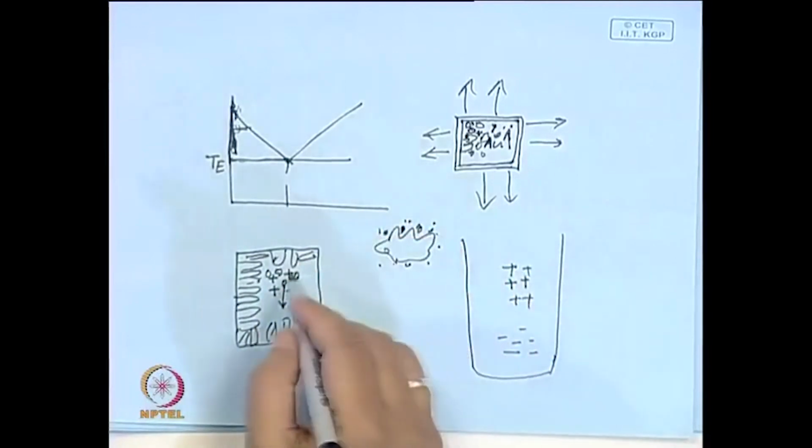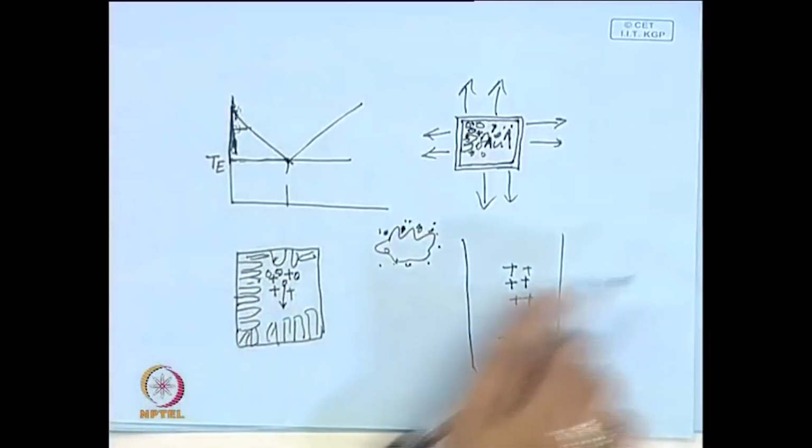Segregation which is macroscopic will be very difficult to remove by any subsequent heat treatment. Such segregation, which is very large and which you can see by the naked eye, will be very difficult to remove.